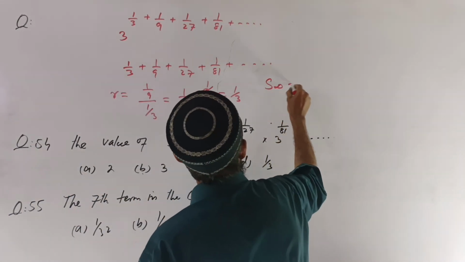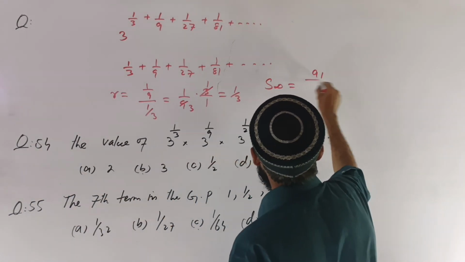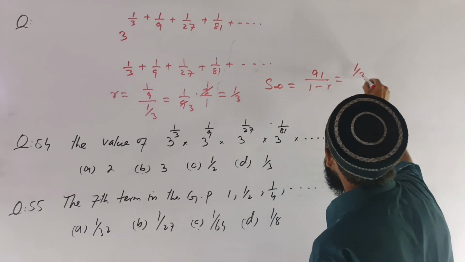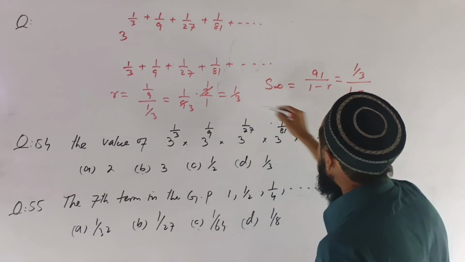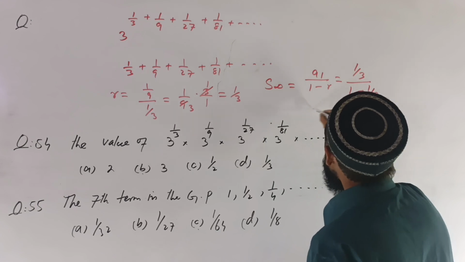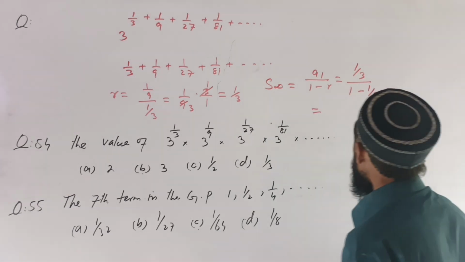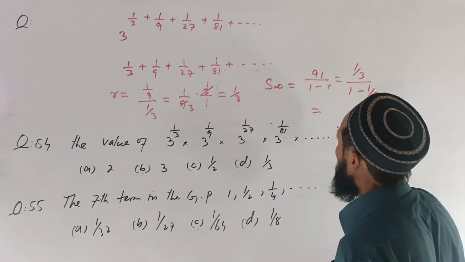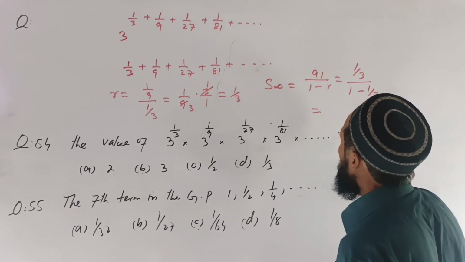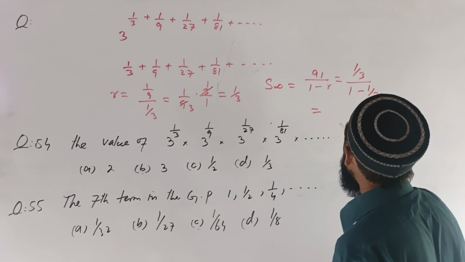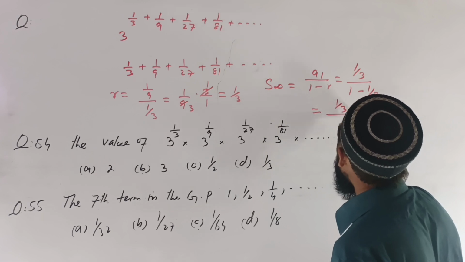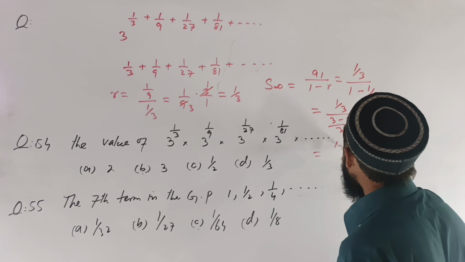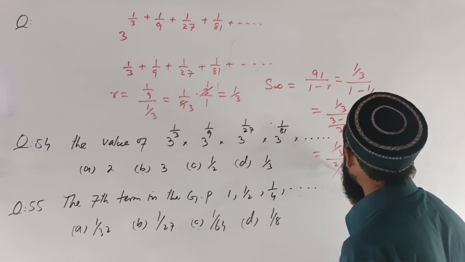For an infinite geometric series, the sum is the first term divided by 1 minus r. The first term is 1 by 3, and we have already found r as 1 by 3. If we calculate the value here, we get 1 by 3 divided by (3 minus 1) divided by 3, which is 2 divided by 3.